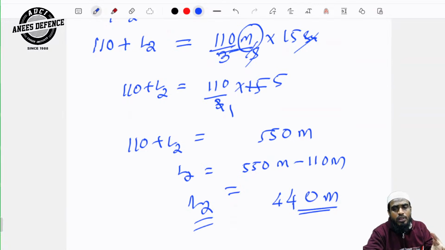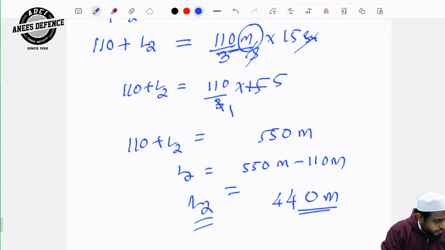In that case, you have to consider the total distance covered by the train as the length of the train plus the length of the platform, or the length of the train plus the length of the bridge. You have to take it in the same way. So the answer is 440 meter. So the answer is correct.